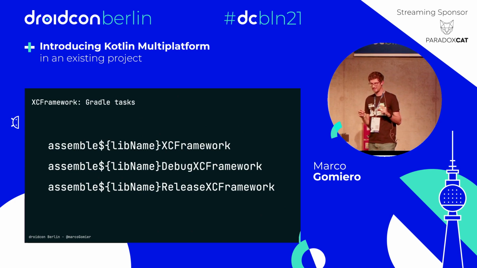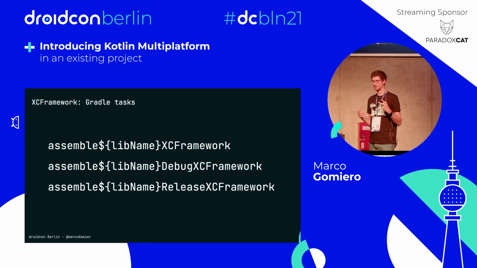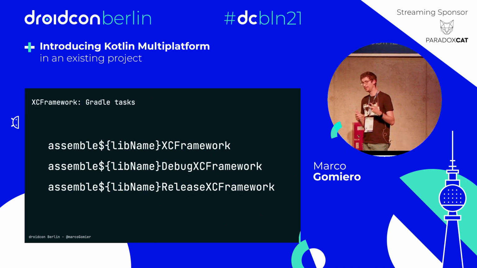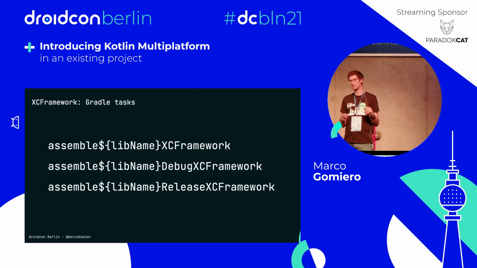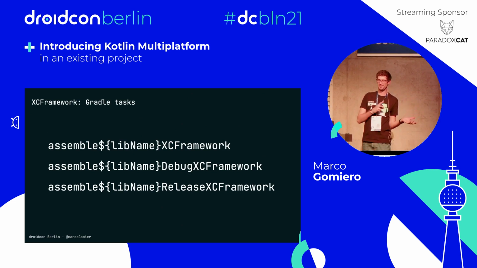And after doing that, some Gradle tasks magically appear in your project, and there are three. The first one will build both the debug and release version of the framework, and the two others are gonna build the debug or the release.